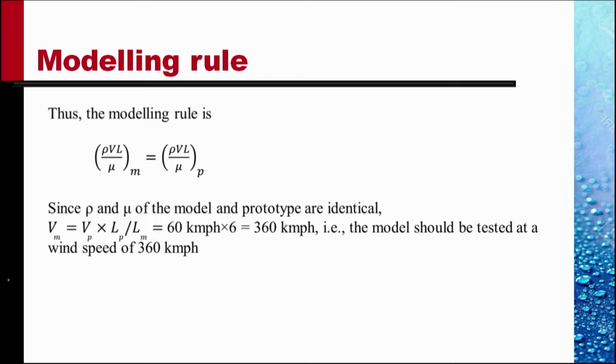L for the prototype divided by Lm is the length scale factor, which was given as 6. And since the prototype speed is 60 kmph, the model speed should be 360 kmph. So the model should be tested at a wind speed of 360 kilometers per hour, a rather high speed.